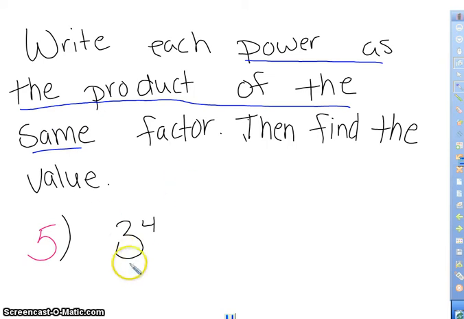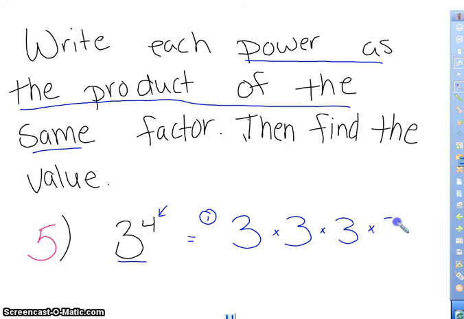And the factor that I'm multiplying is the base, and that base here is 3. So the first part of my problem will be to write out 3 to the 4th power. Remember, your 4 tells you how many times to multiply the 3. So I have 3 times 3 times 3 times 3.